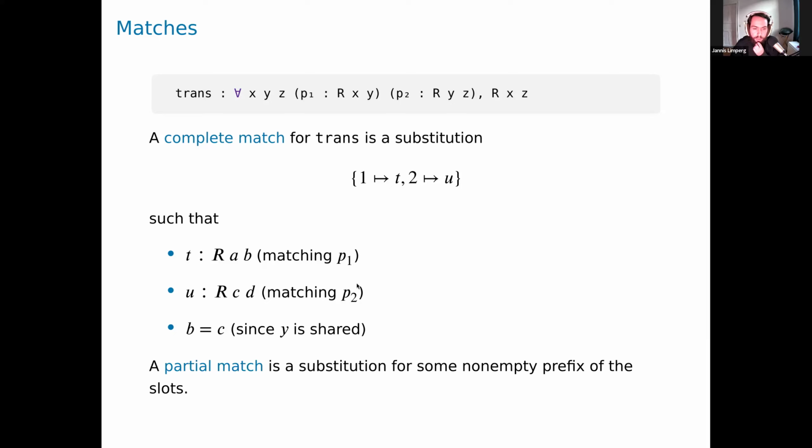And on the way to a complete match, we will also consider partial matches, which are substitutions that obey the same restrictions, but they only have assignments for some non-empty prefix of the slots. So here we might have a partial match that has some value for slot 1, but not for slot 2.